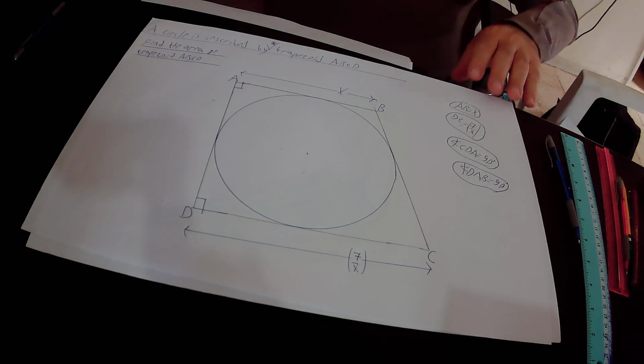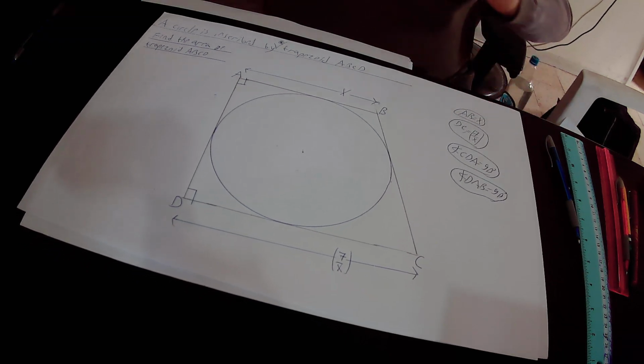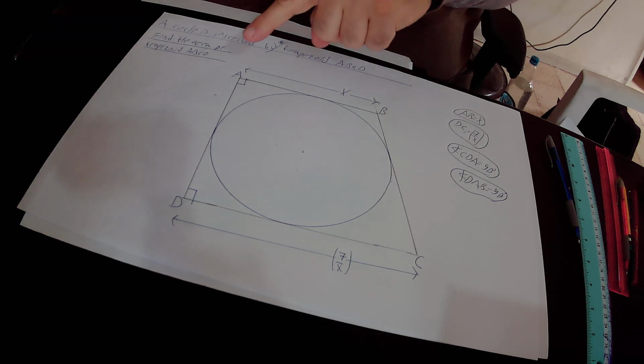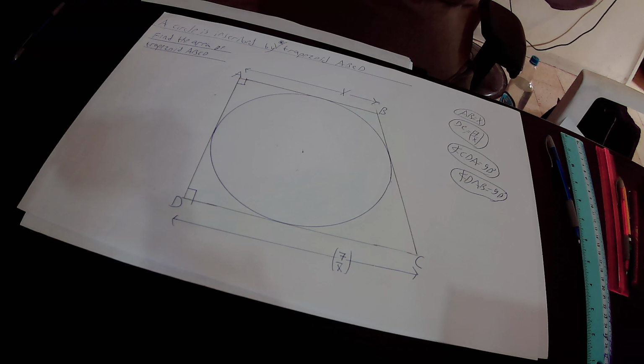So first of all, we will define the points of tangency of this trapezoid ABCD with the circle with letters.